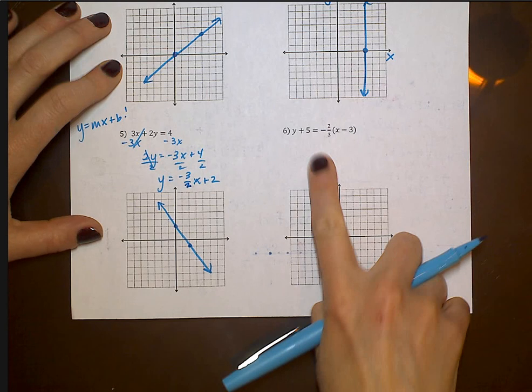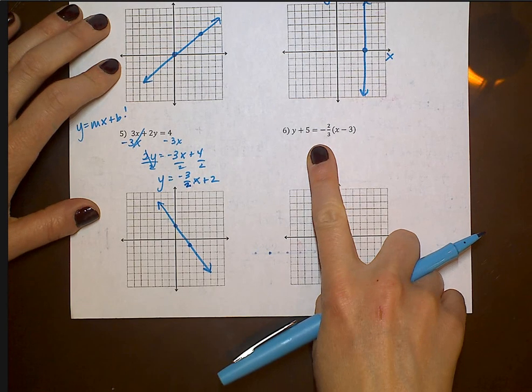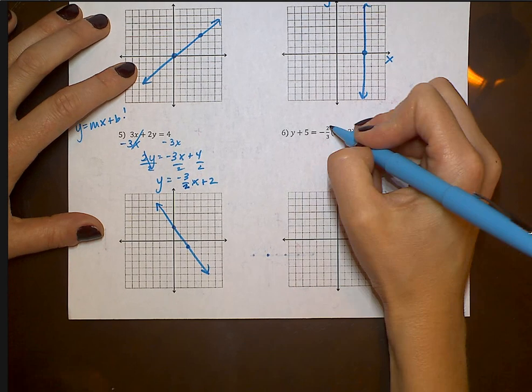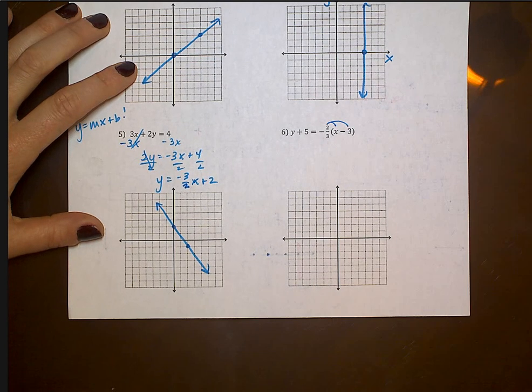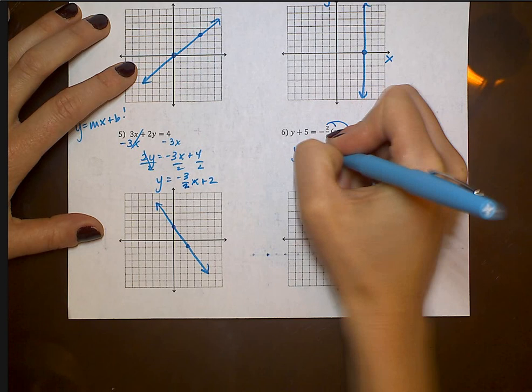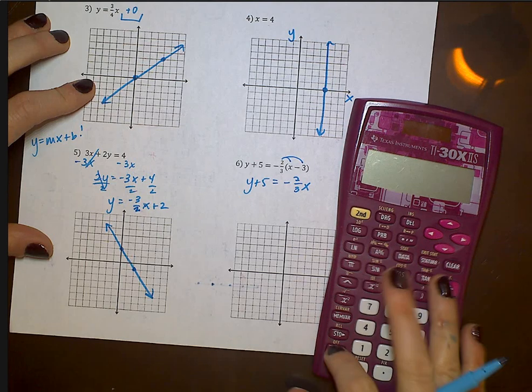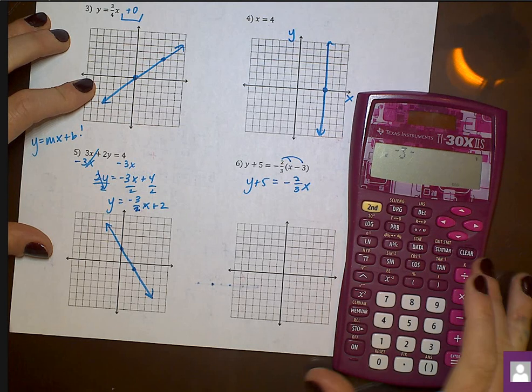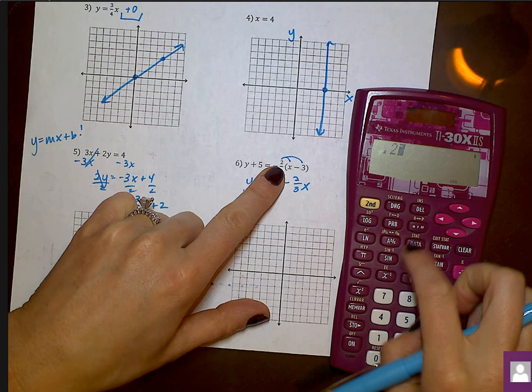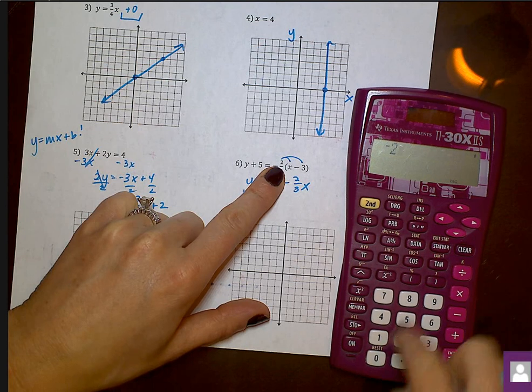This last one's in point slope. Whether you learned point slope or not, that's irrelevant. I would still get y by itself. So I would start by distributing. If you're bad with fractions, don't have any shame using your calculator. Let me show you how you plug this in. I would just use the fraction button, which is this ABC.